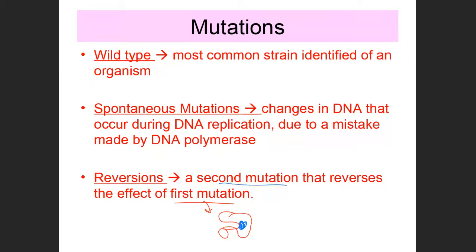The second mutation may create an area that is hydrophilic in another part, so that now the protein folds in such a way that it could potentially work better. So let's say now it's closer to the initial folding. Hopefully that makes some sense. So that would be the result.